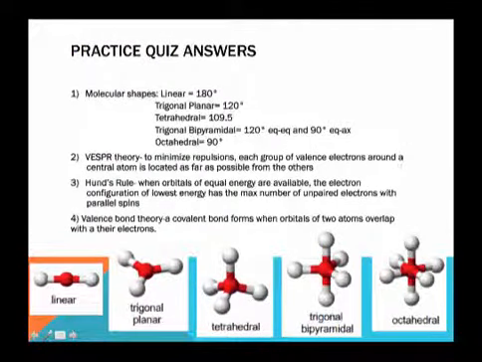The first question was asking, what are the 5 common molecular shapes and their bond angles? At the bottom, I have listed the 5 most common molecular shapes, and here are the bond angles for each one. So for linear, since it's in a straight line, its bond angle is going to be 180 degrees.